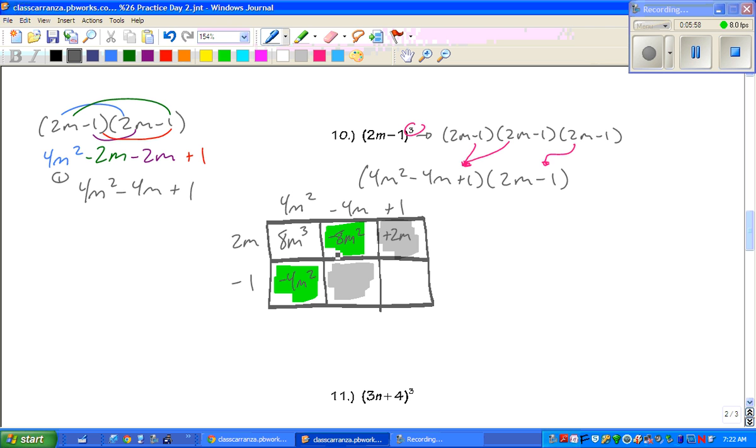Negative 4 times negative 1 is positive 4m. And negative 1 times positive 1 is negative 1. Okay, let's go ahead and combine your like terms and write down your final answer. 8m cubed minus 12m squared plus 6m minus 1.